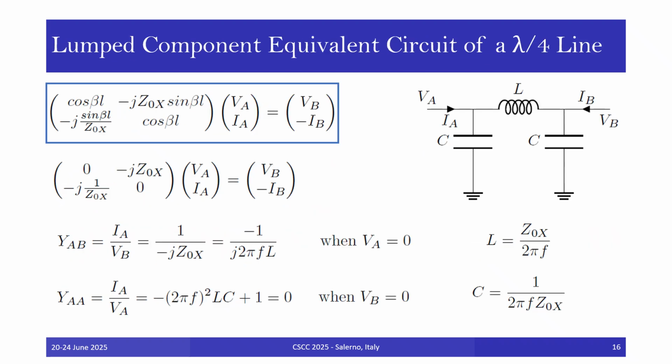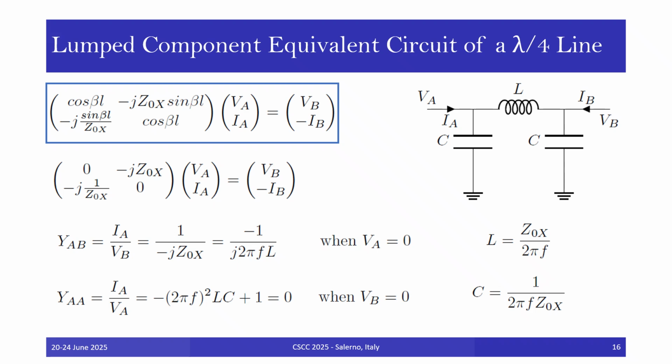The proposed design is based on the lumped component equivalent circuit of a quarter wave transmission line. Consider a short lossless transmission line section with length L and characteristic impedance Z0X.